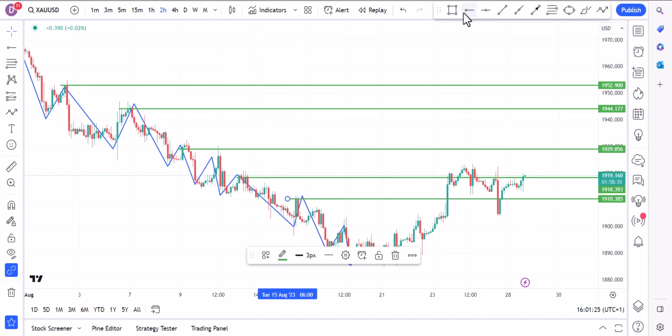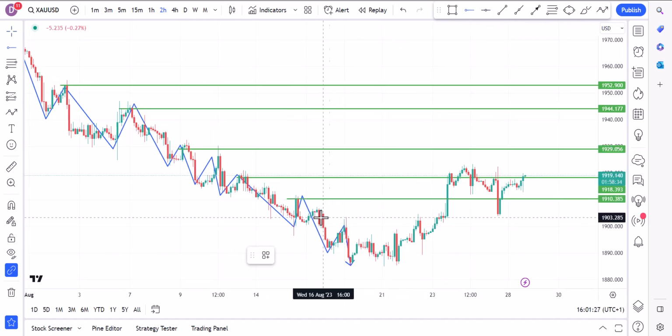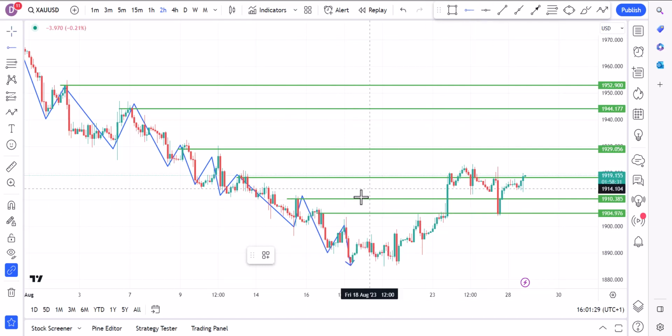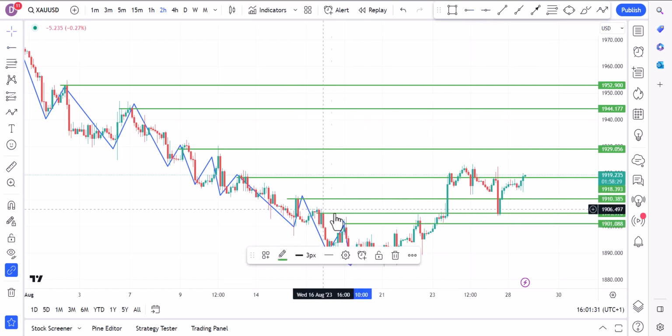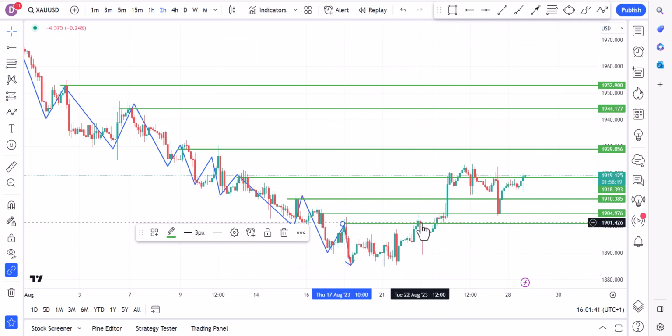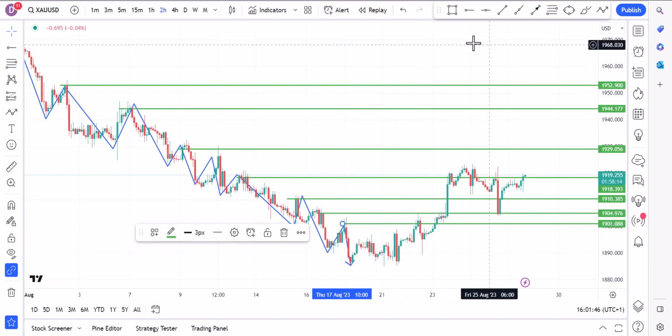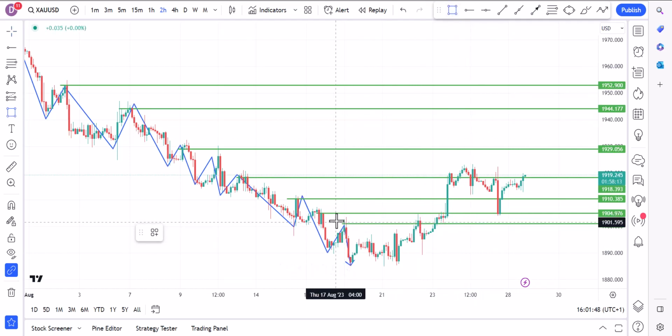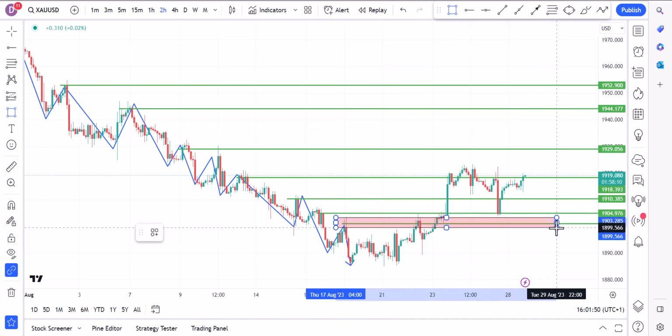We have to identify our last lower high, the one that gave us this lower low. So what we'll be looking for is the market to come back and break this. Immediately it happens, and it happens here, because the price level here is higher than this. So it's telling us that the trend has changed.